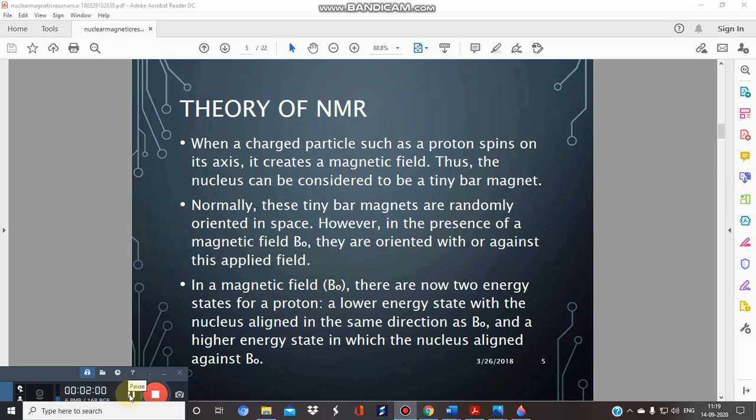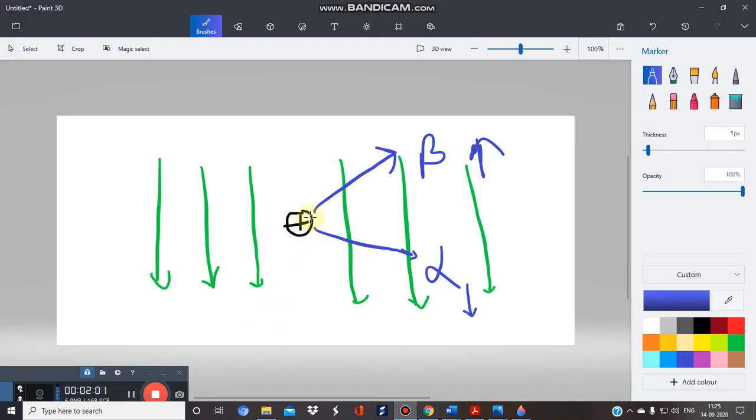I think this is clear. So suppose this is a nucleus. When we put this nucleus in a large magnetic field, because the function of the NMR machine is to produce different types of magnetic fields, which is marked by this green line, what happens? Two possibilities appear. It might go in the same alignment as this magnetic field.